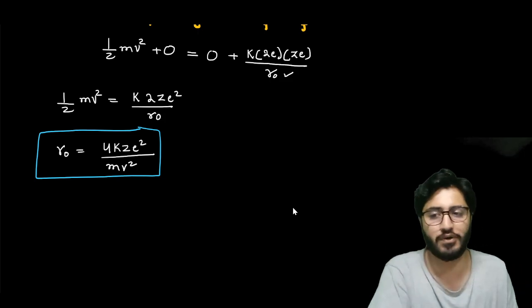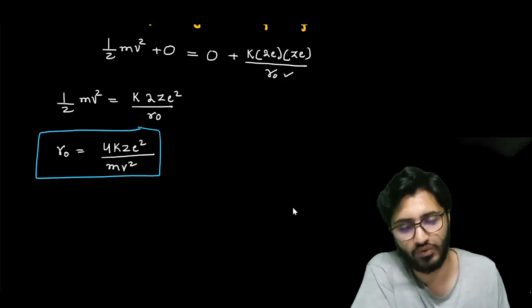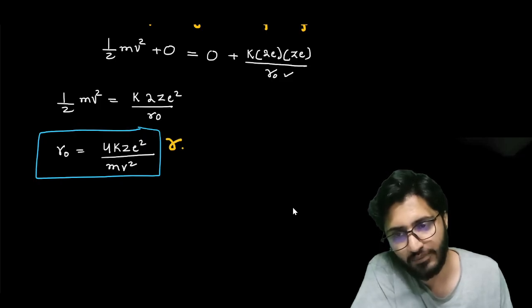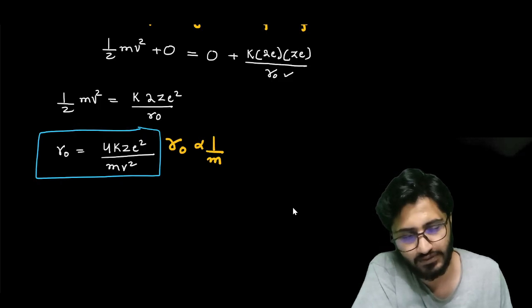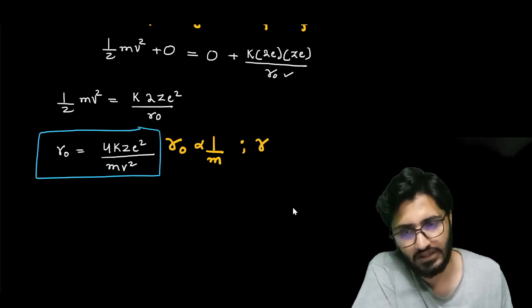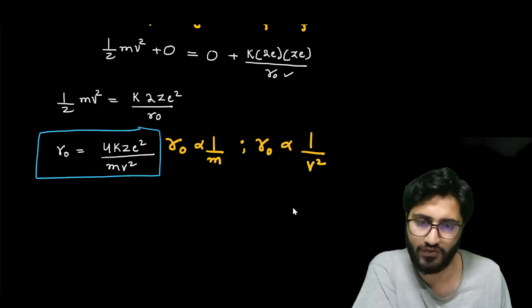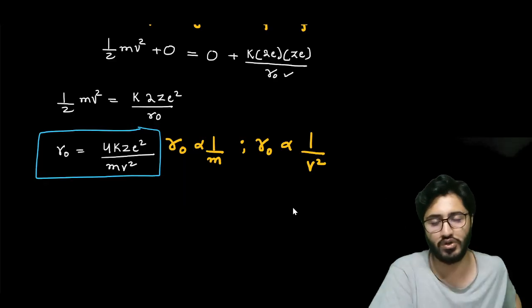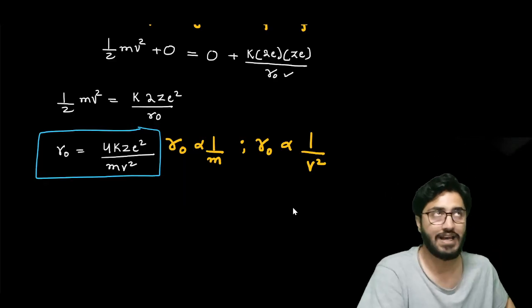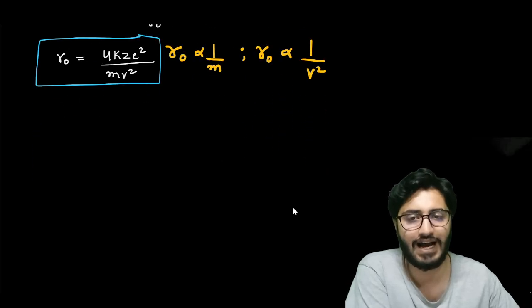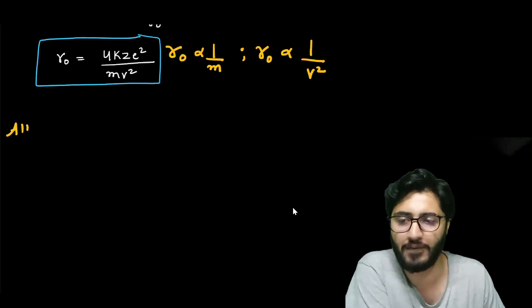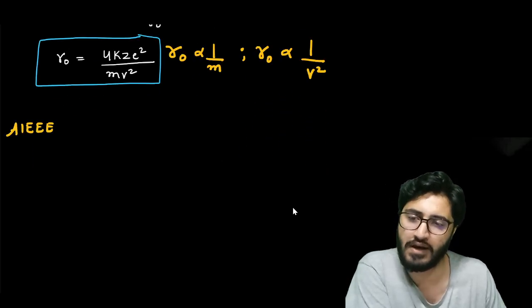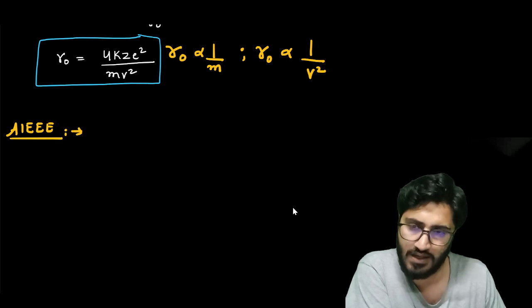So from this expression, what do you conclude? My closest approach depends inversely on mass, and it depends inversely on the square of velocity. These two things you need to remember. We had a numerical back in our IIT era, where the velocity changes from V to 2V.